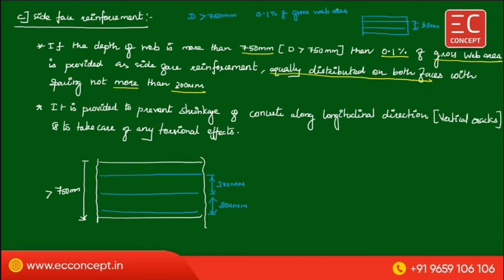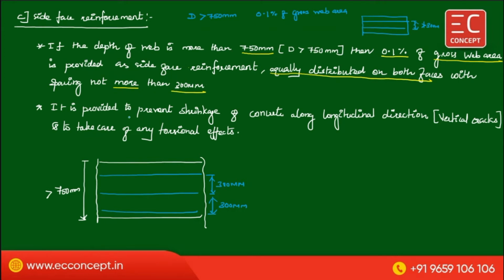So if the depth of beam is more than 750, then 0.1% of gross web area is provided as side reinforcement, equally distributed on both faces, with a spacing not more than 300 mm.